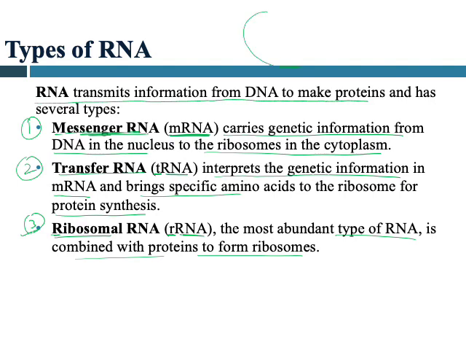So let's take one example. This is your cell. This is your nucleus, and within the nucleus what do you have? DNA. Right. So what is mRNA? And this is the cytoplasm, and this is the nucleus. In the nucleus you have DNA.